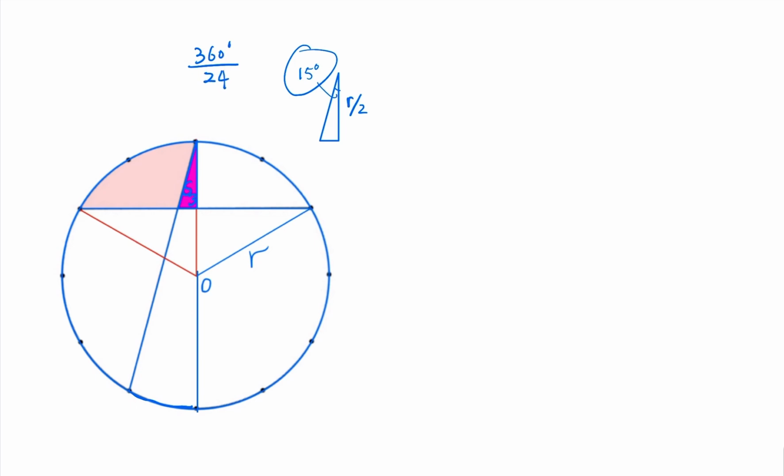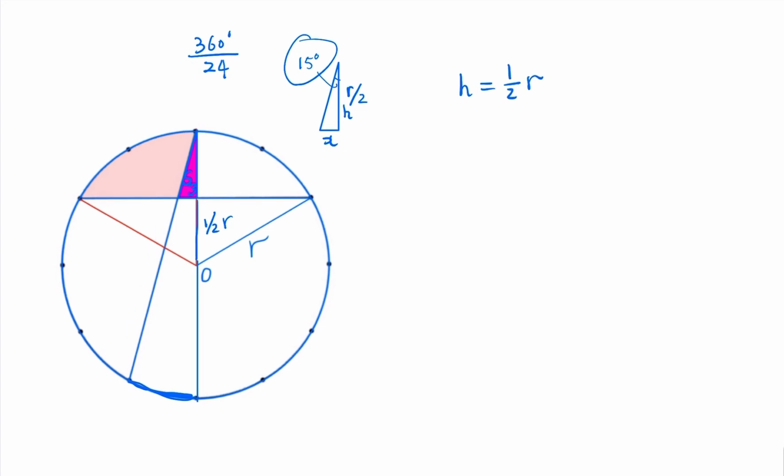For S3, let's call this X and H. Earlier we know that H equals 1/2 of R. And what is X? X would equal H tangent of 15 degrees.